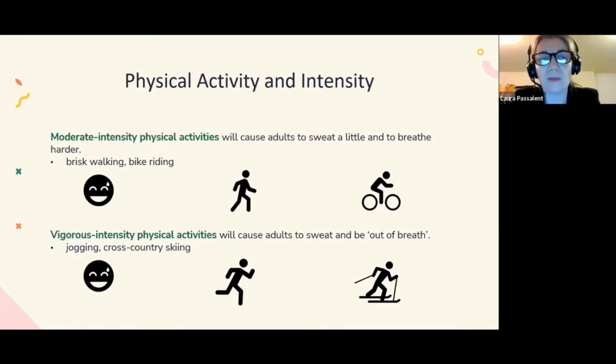If you're engaged in physical activity and you're sweating but able to maintain a conversation, that's a good example of moderate intensity. Vigorous intensity physical activity is when you're sweating but you become out of breath. You can't maintain that conversation with your friend if you're going for a jog, for example. That gives you an idea of the level of intensity required to gain the physiological benefits.